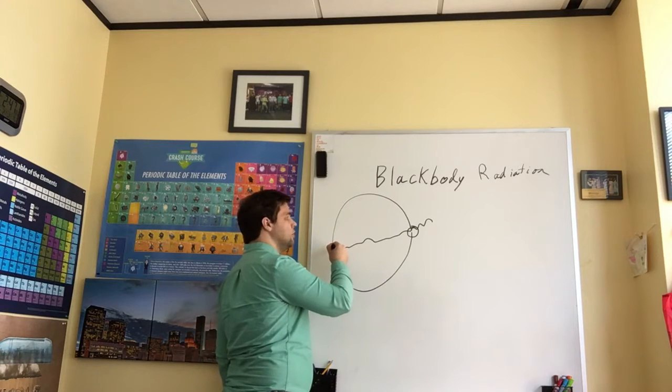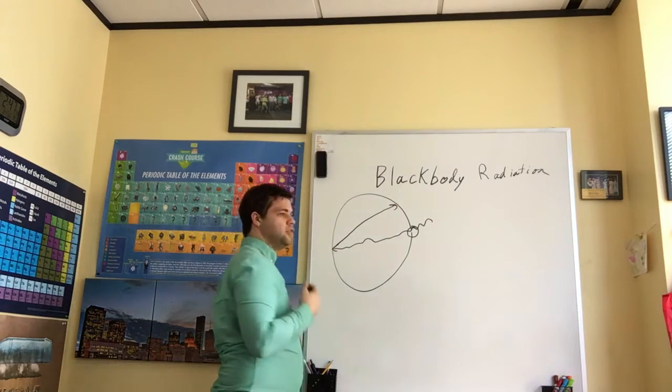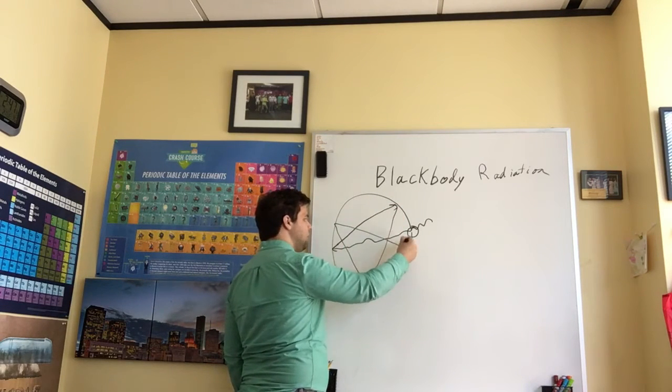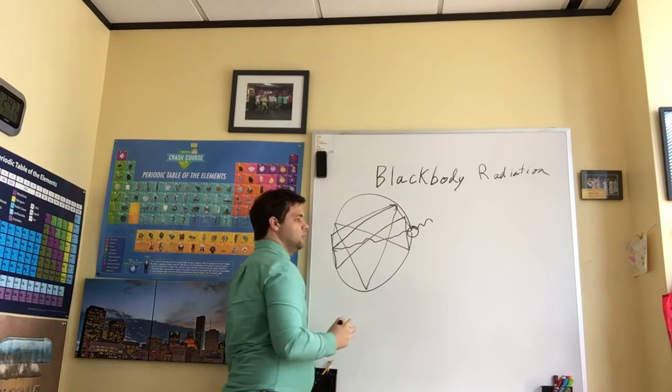It hits the cavity wall and it bounces off, and it goes to another cavity wall. And the idea is it's going to bounce off many times before it can make it back to the pinhole.